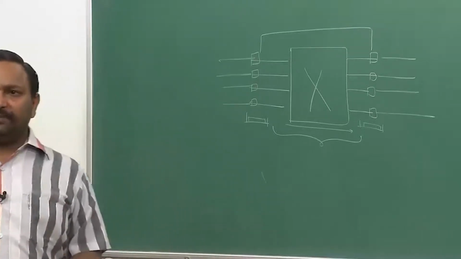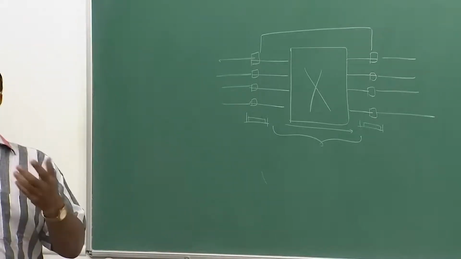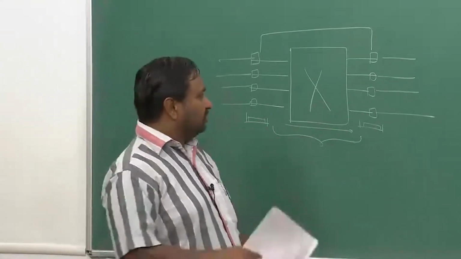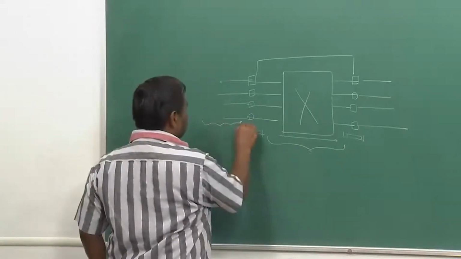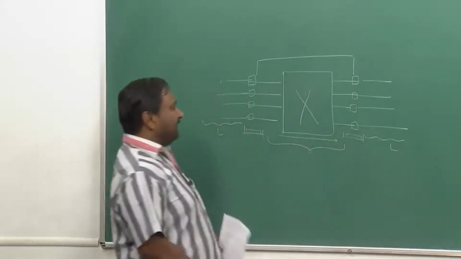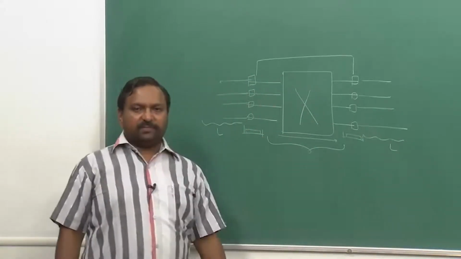It need not be the same rate. Of course, it cannot be smaller; it has to be at least equal to the line rates. So I can operate at higher speeds.